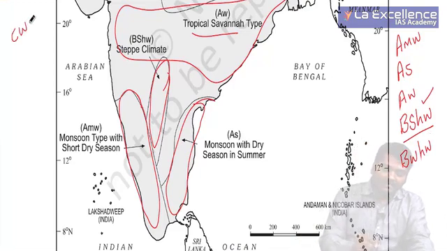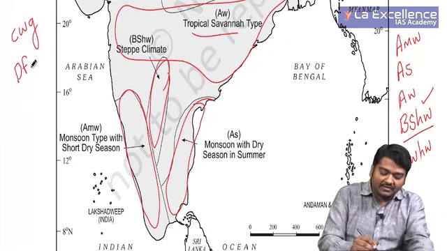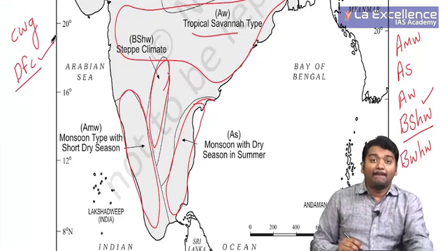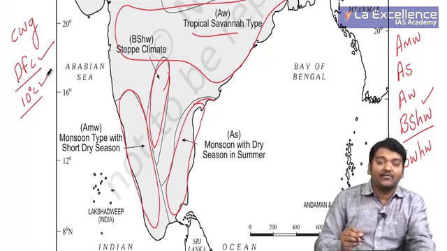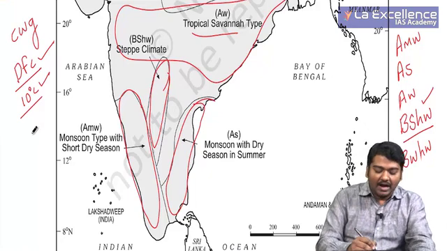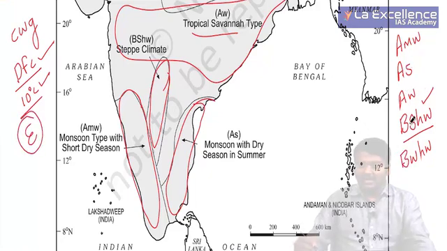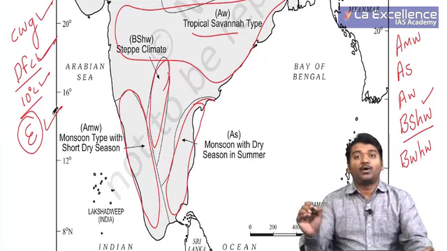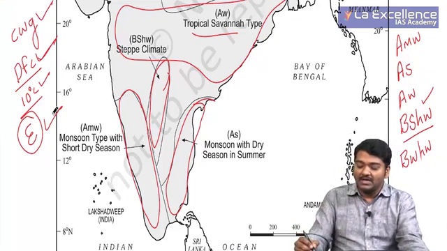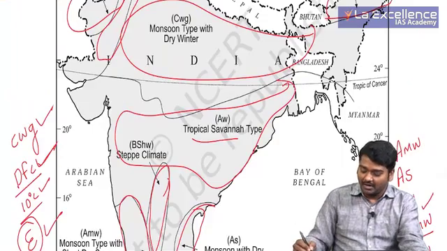Then Gangetic plain is there, CWG comes in. Then you talk about DFC, precipitation is there, but maximum you see 10 degrees Celsius only for 4 months, Arunachal Pradesh. And then you have polar region E, right? AMW, AS, AW, BSHW, BWHW, CWG, DFC and E. Very, very important. High possibility UPSC may give you this particular map and help you to match them accordingly.